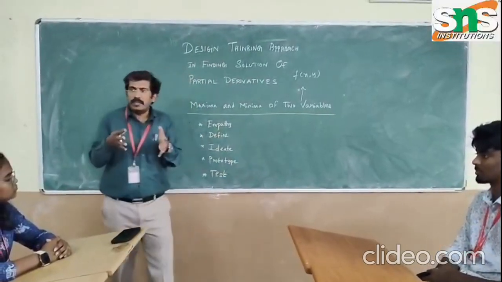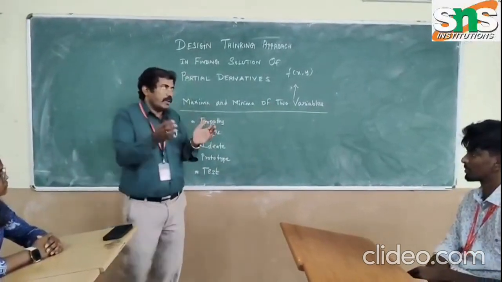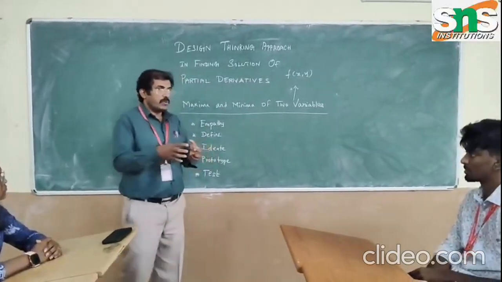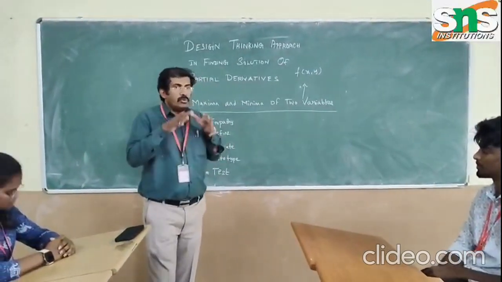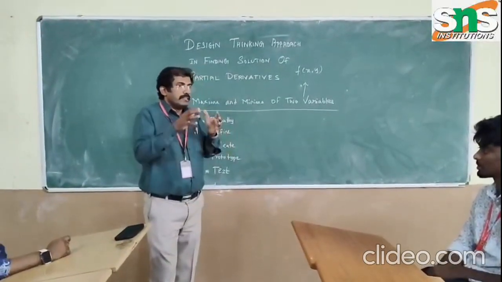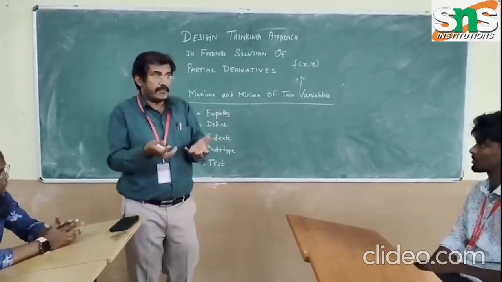In that engine, a big combustion is happening. So the outer body of that engine should withstand that heat. It produces heavy heat there, so it has to withstand it. So we have to understand how to frame that model, how to frame that engine structure, so that it is possible to withstand that heat level.